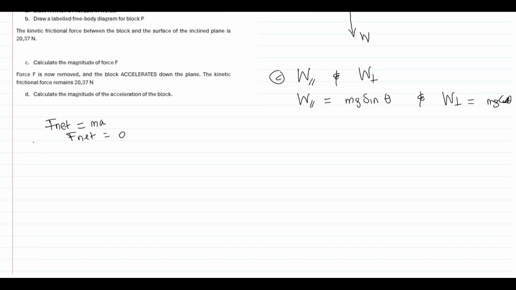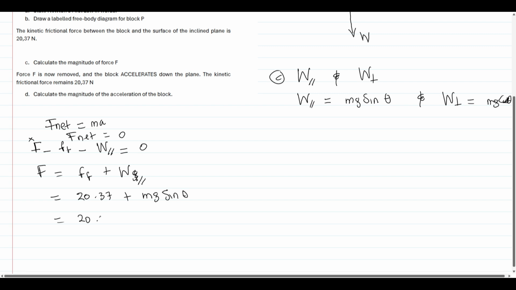So let us write this down. You're going to have the force that is applied minus the frictional force minus the parallel component of the weight. And we're interested in finding F. So F is equal to Ff plus W parallel. We are told that the frictional force is 20.37, and the parallel component is nothing but mg sine theta.